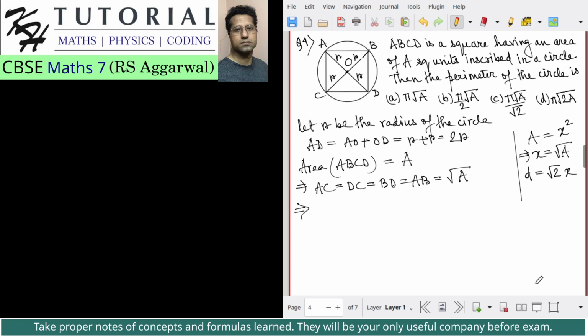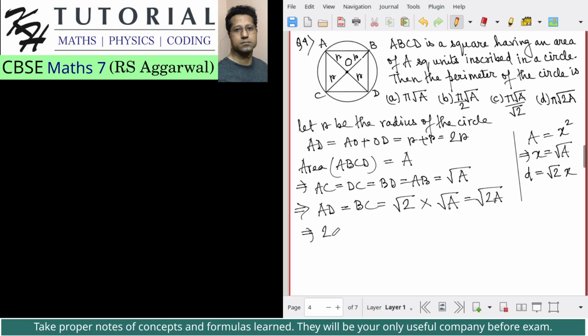So in this figure we must have AD equal to BC, which is square root of 2 multiplied by the length of each side of the square, which we have found to be square root of A. So this is square root of 2A, the length of the diagonal of the square ABCD whose area is given to be A. And we also know that AD is the diameter of the circle.